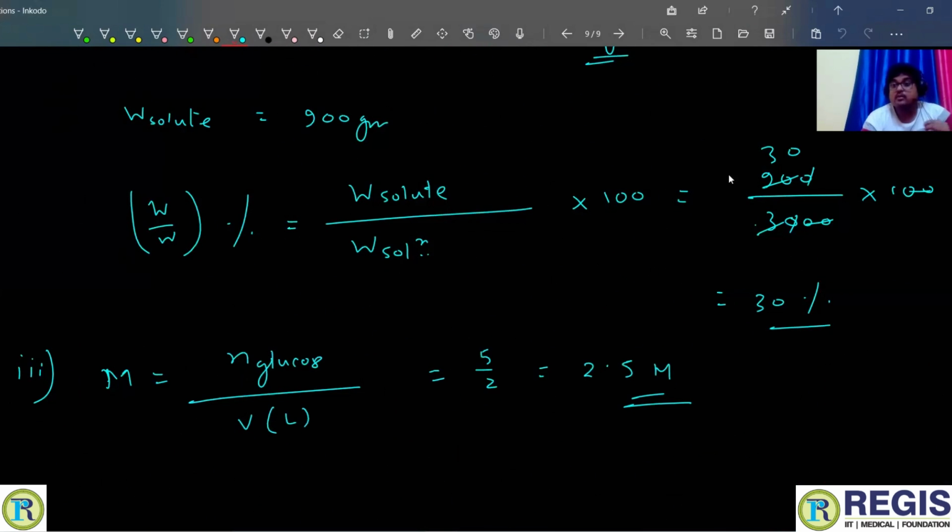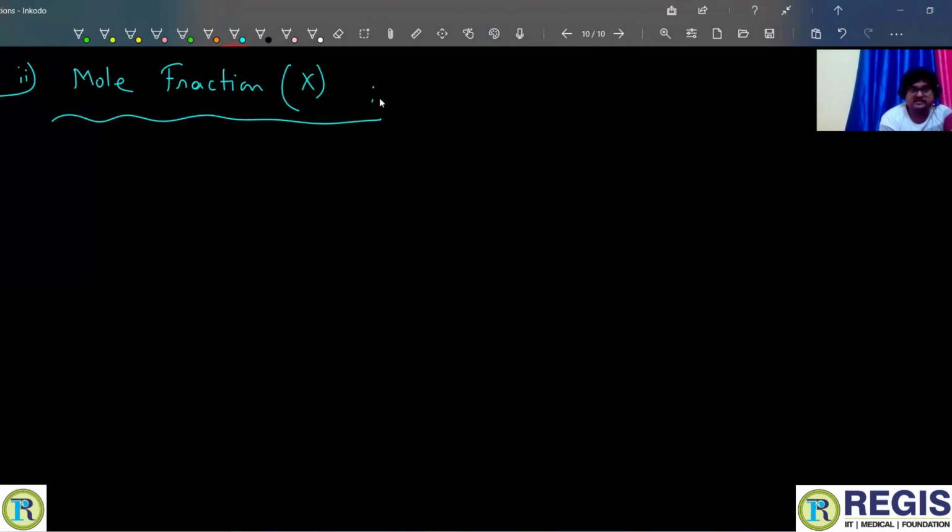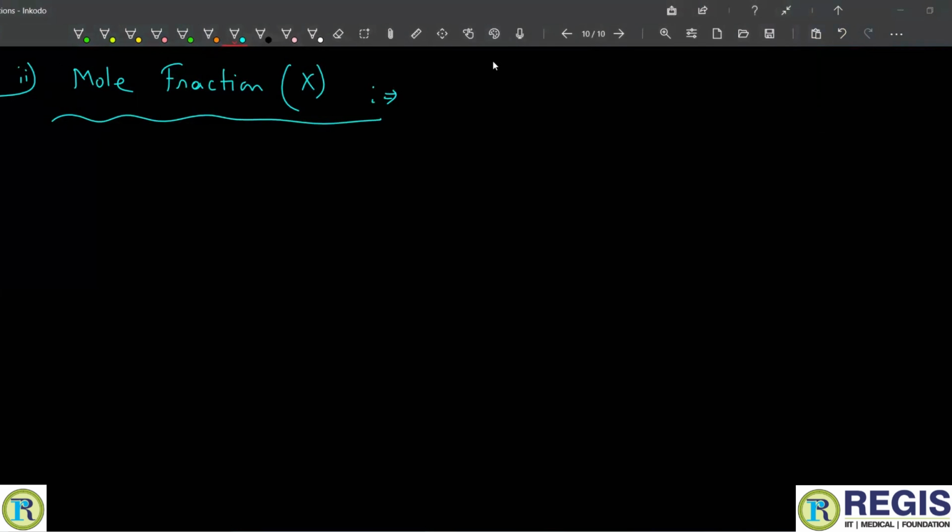Next we are moving to mole fraction, which is also an important term. Mole fraction is considered as x. Now what is mole fraction?